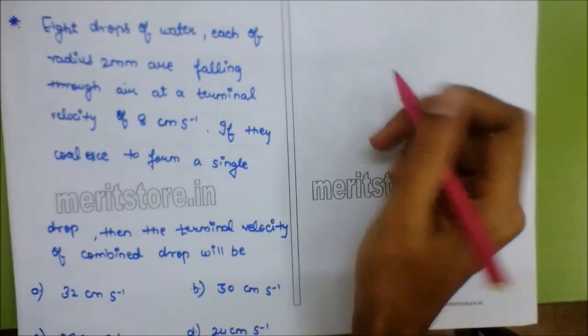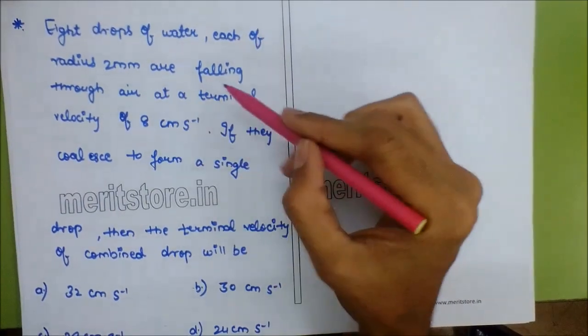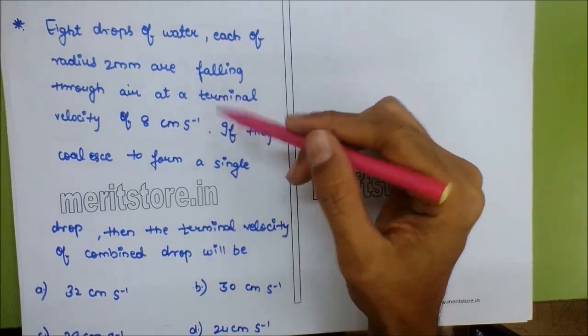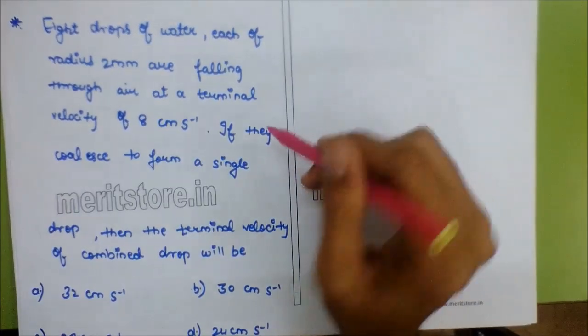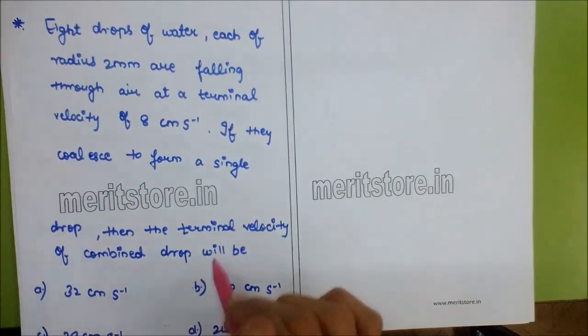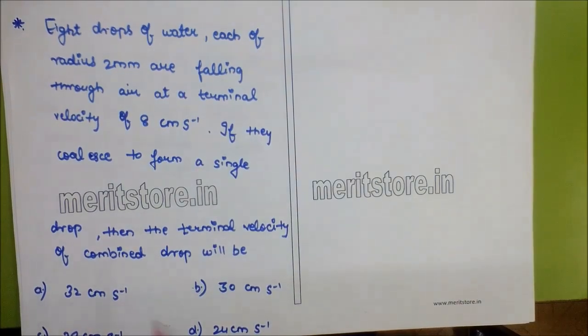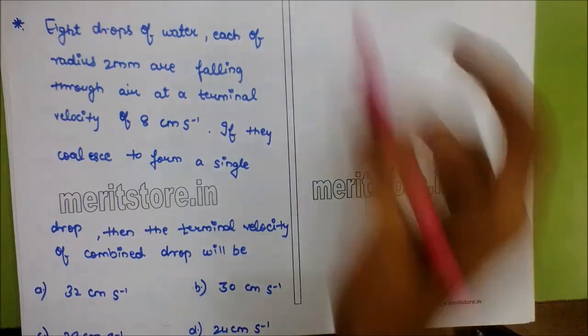We have 8 drops of water, each of radius 2 mm, falling through air at a terminal velocity of 8 cm per second. If they coalesce to form a single drop, then the terminal velocity of the combined drop will be 32 cm per second, 30 cm per second, 28 cm per second, or 24 cm per second.